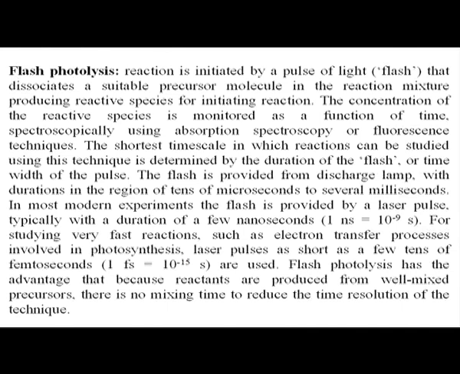So, you can choose different pulse durations depending on your system. If it is a very fast reaction you use femtosecond pulses, if it is moderately fast then accordingly you can choose your pulse width.